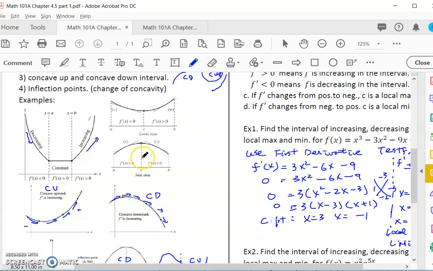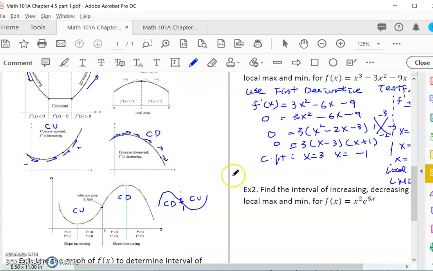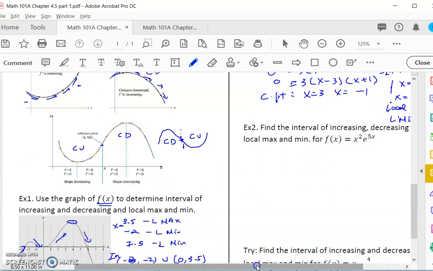And also whether you have a maximum or minimum, because if you go from a negative to a positive, then you must have gone through 0, which is the lowest point. If you go from positive to negative, or from increasing to decreasing, then you must have gone through a local max. Okay, so that's the idea of the first derivative test.